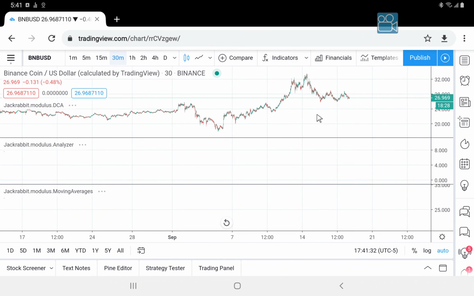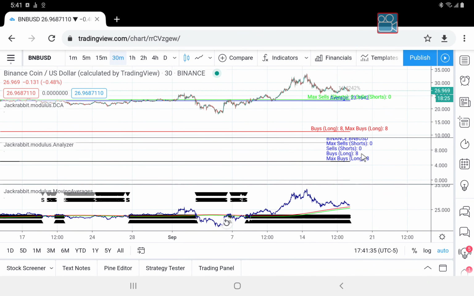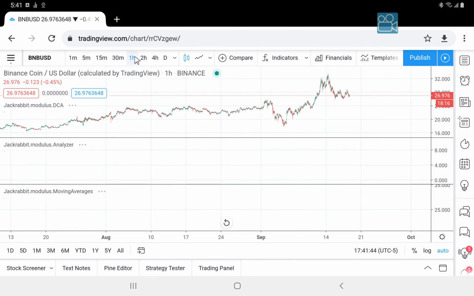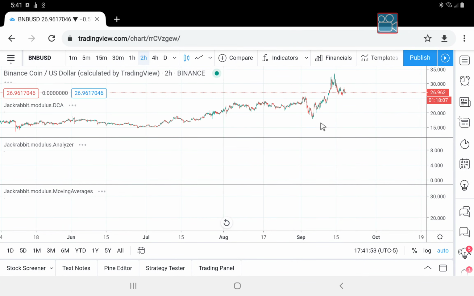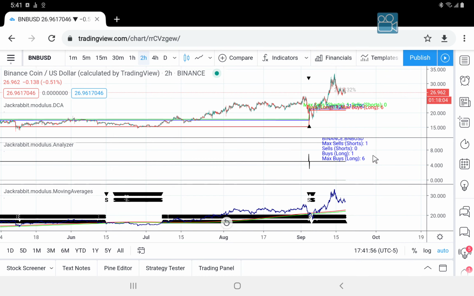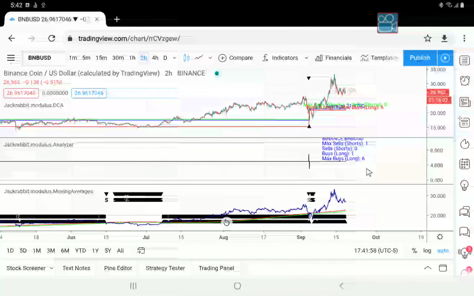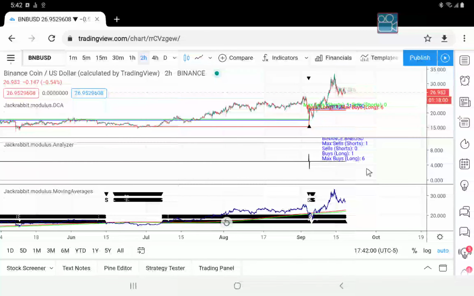The 30 minute, $80. The 1 hour, $50. Now we can keep going and seeing, but this tells me by looking at all of these, I should be fairly comfortable with a $200 budget, just trading momentum.